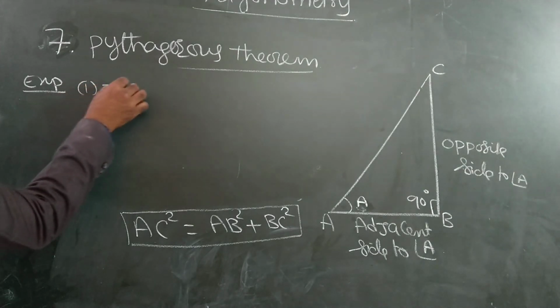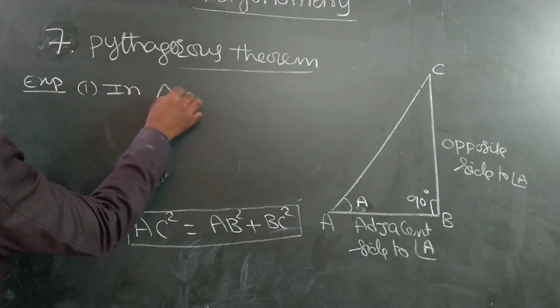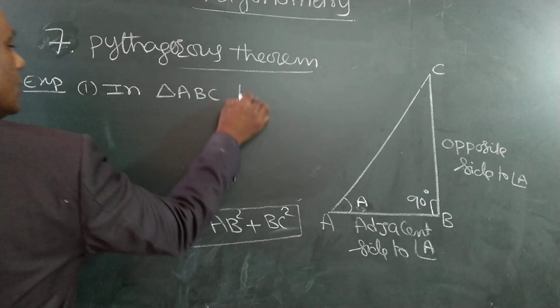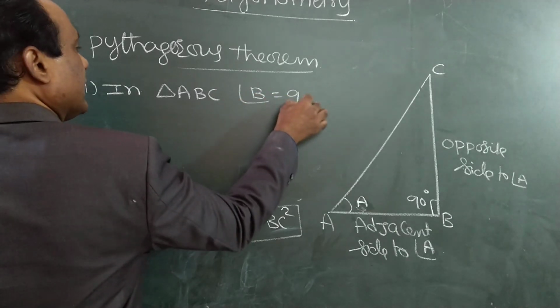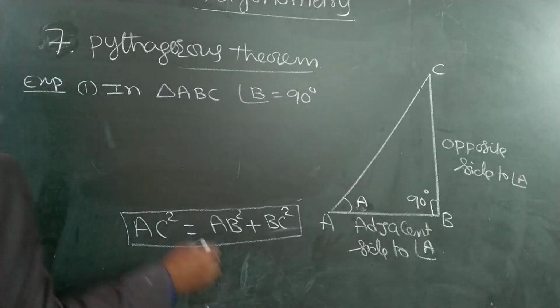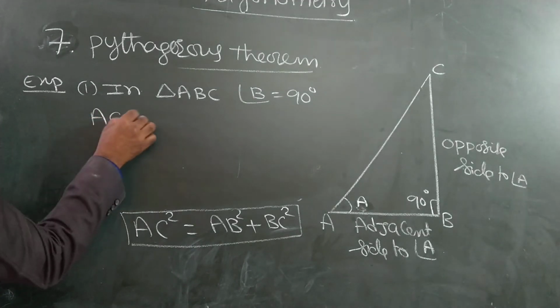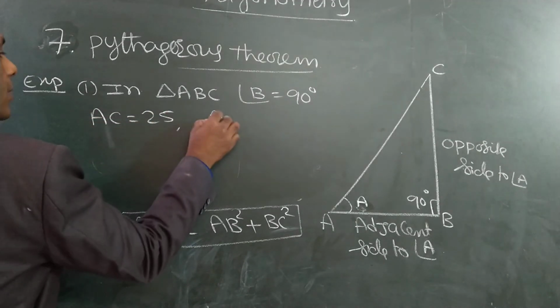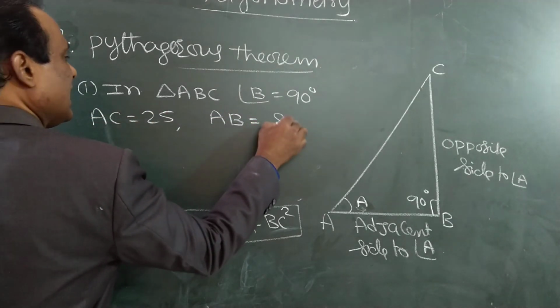So one example I am giving. In triangle ABC, angle B is equal to 90 degrees.